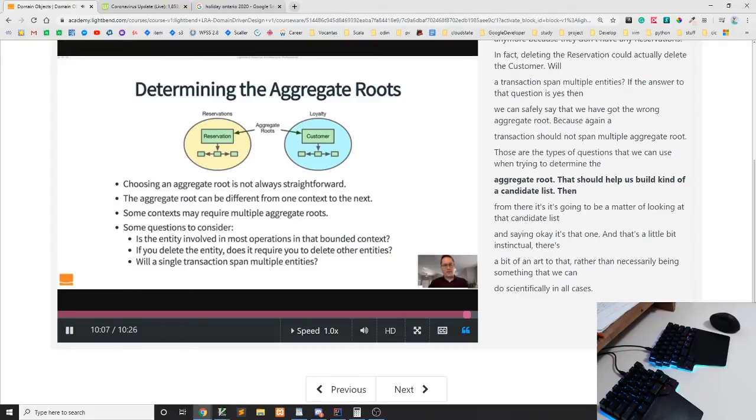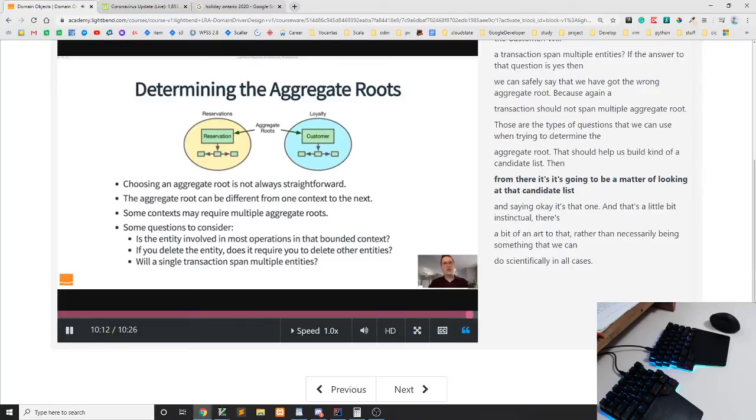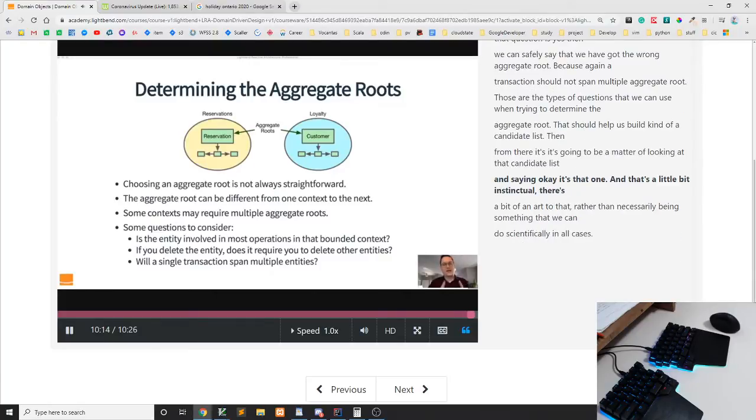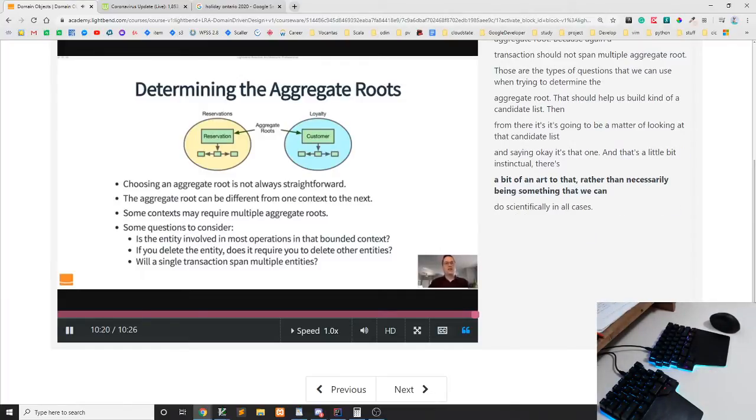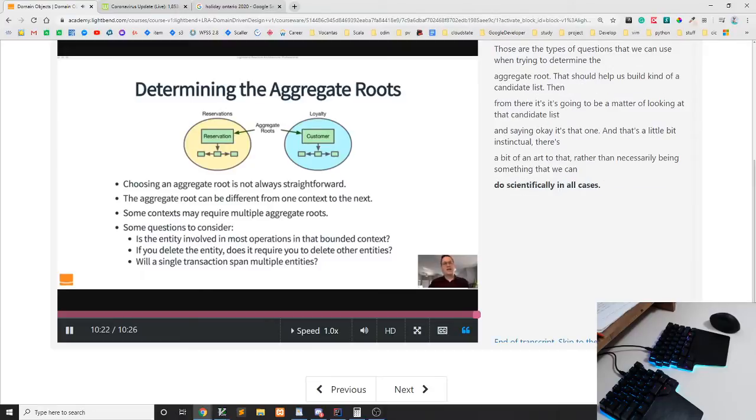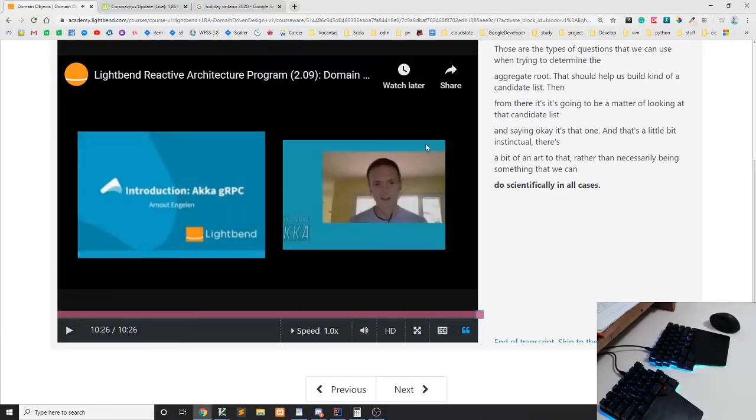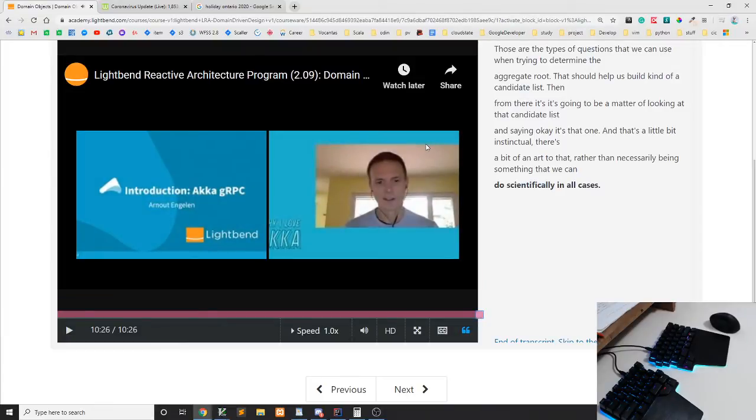That should help us build kind of a candidate list, and then from there it's going to be a matter of looking at that candidate list and saying, okay, it's that one. And that's a little bit instinctual. There's a bit of an art to that rather than necessarily being something that we can do scientifically in all cases.